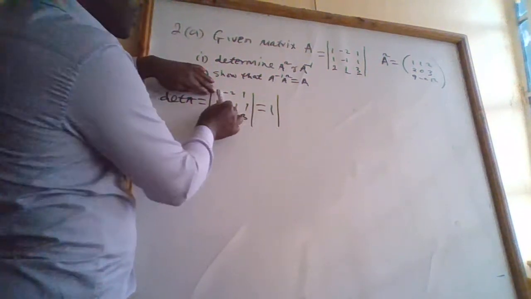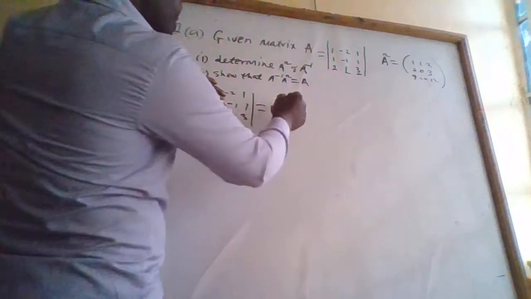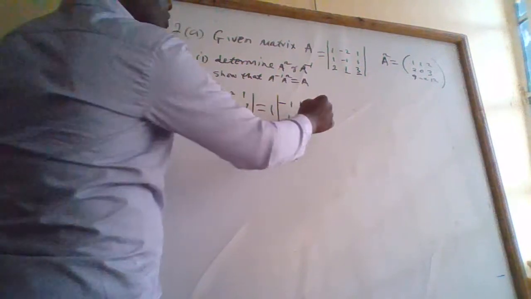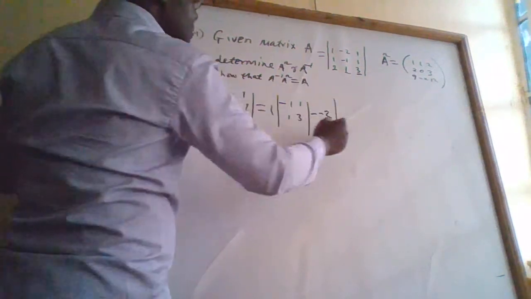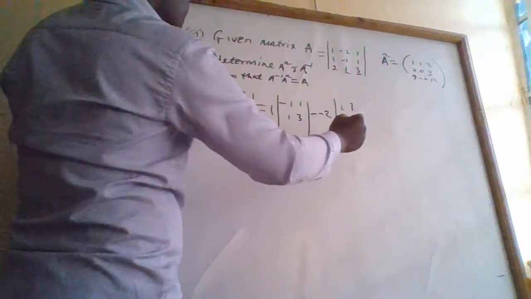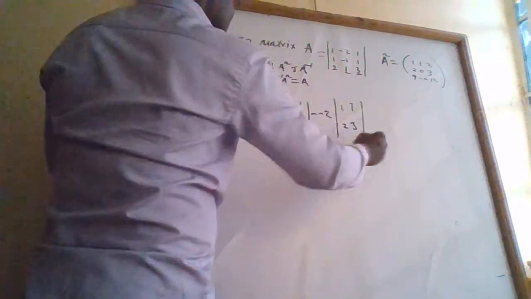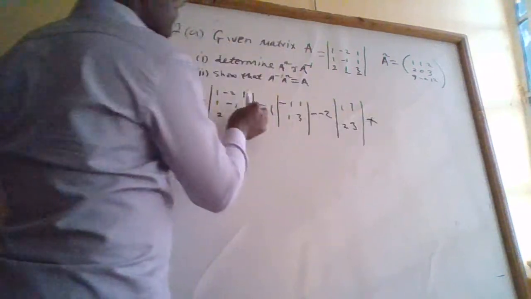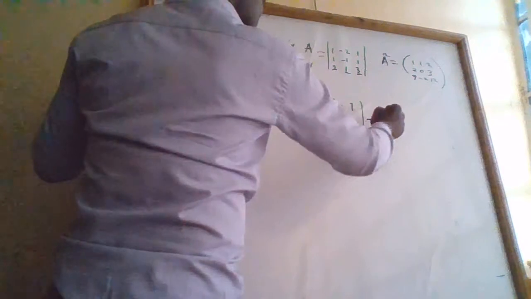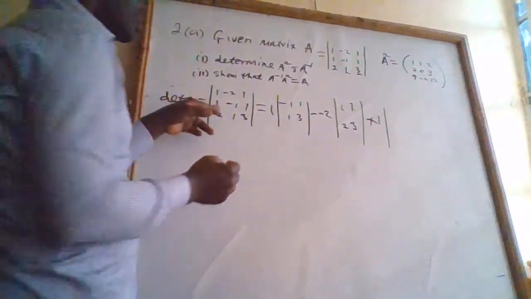Take 1 from this, so we have negative 1, 1, 1, 3. Then of course minus 2. We plug this and that, so we have 1, 1, 2, 3. Then of course plus this one, plug that column and this row, so we have plus 1 into 1 minus 1, then 2, 1.